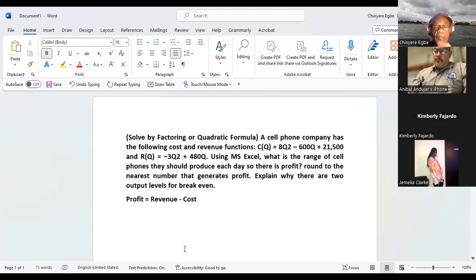Isn't that the formula for profit? Okay, so in this particular business, let's make this proper.